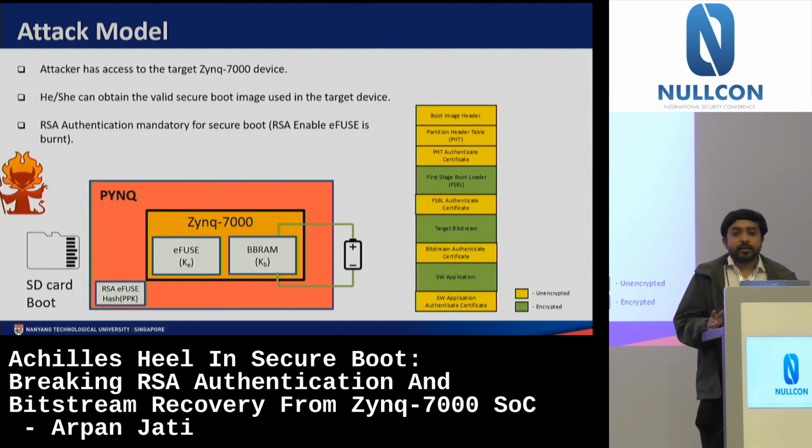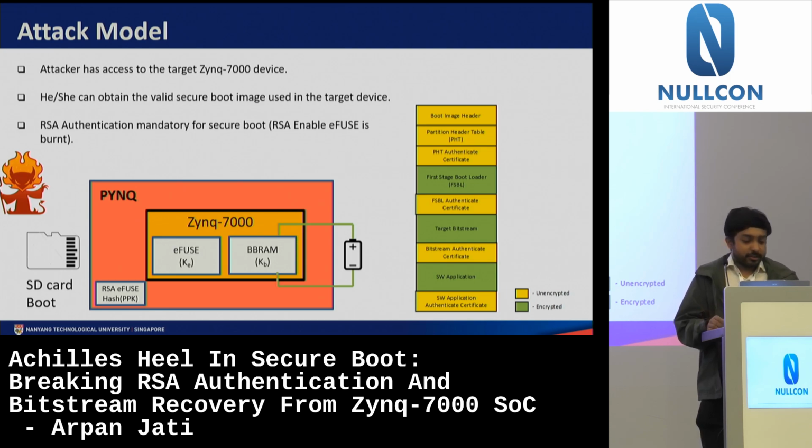We assume that the attacker has physical access to the device, because without physical access it will not work. Most of the bitstream images are in external memory, like SD cards or external memory chips, so it's assumed that the attacker has a copy of the boot image from the SD card or other places.